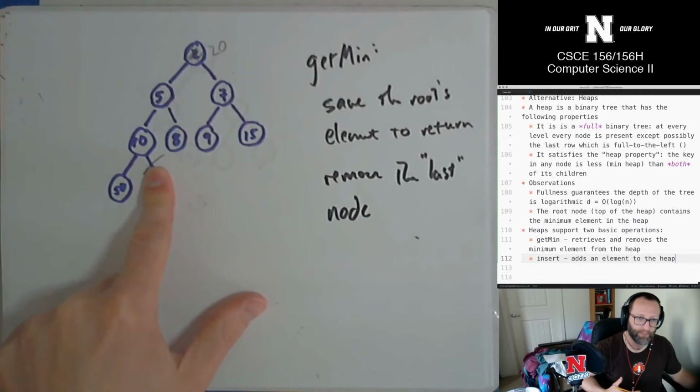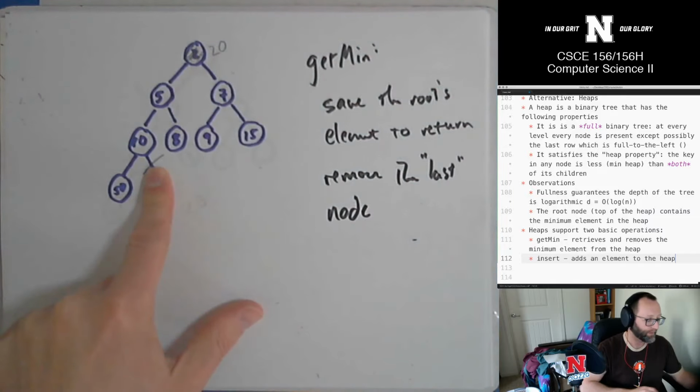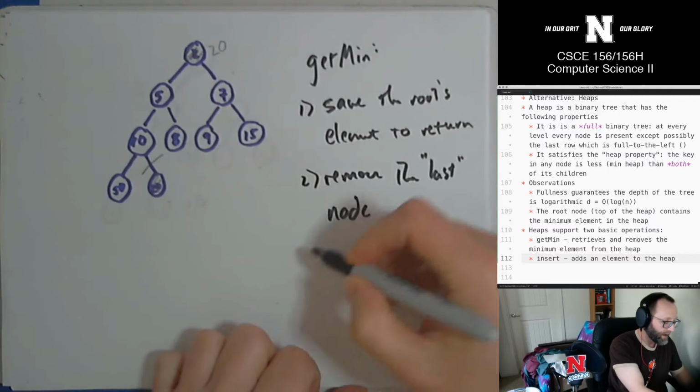But again, same problem as before. By favoring one of the properties, now I've violated the other property. So I'm satisfying the fullness property, but I'm no longer satisfying the heap property because 20 is greater than both of its children.